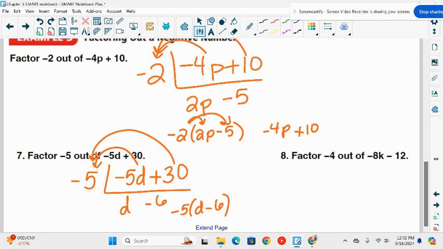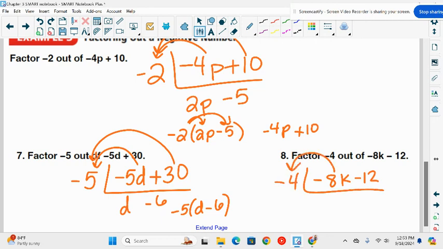Alright, you try number 8. We had negative 8k minus 12, factoring out negative 4.